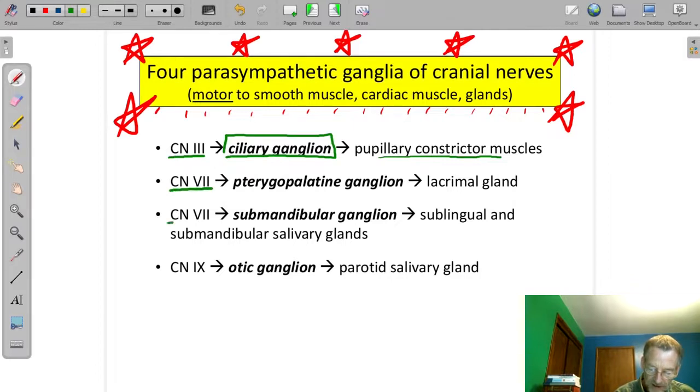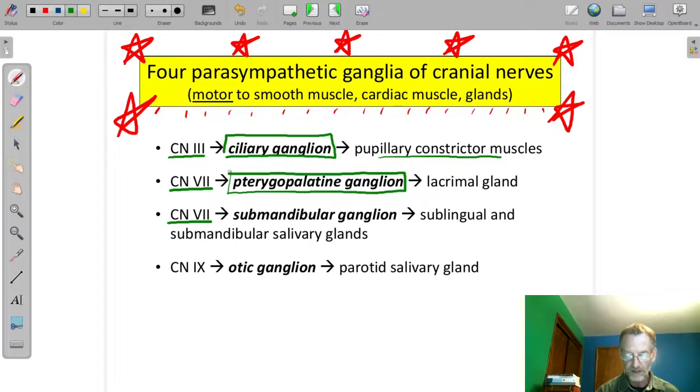The next one is from cranial nerve 7. Actually, the second and the third are both from cranial nerve 7. So the facial nerve gives off several branches, two parasympathetic pathways. One of those pathways has a synapse in the pterygopalatine ganglion, which we spent some time figuring out where that was. It was in the pterygopalatine fossa.